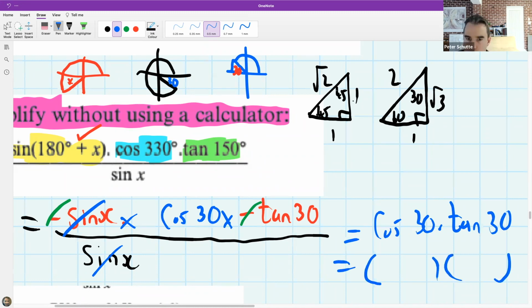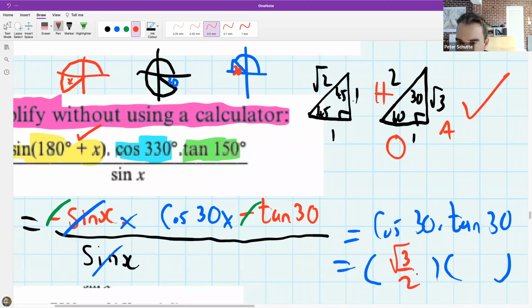And for this, we have to grab it from this triangle over here. And the cos of 30, so that would be O, that would be H, that would be A. And cos is √3 over 2.